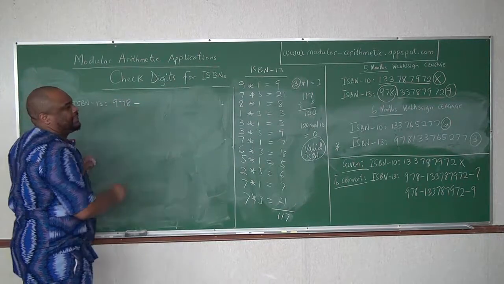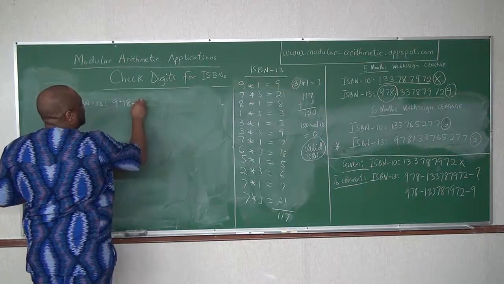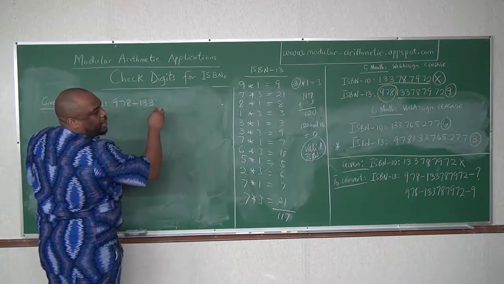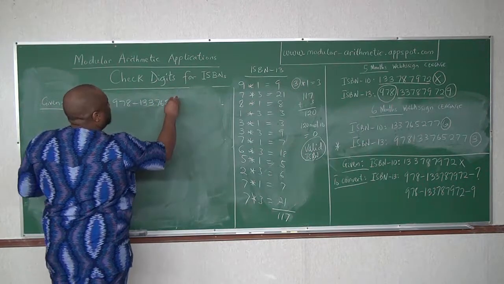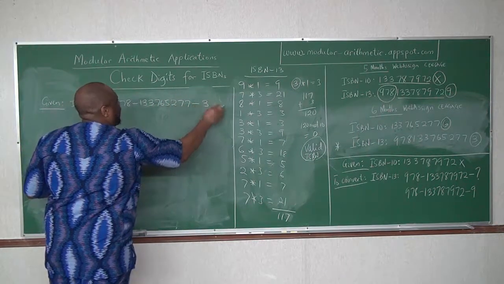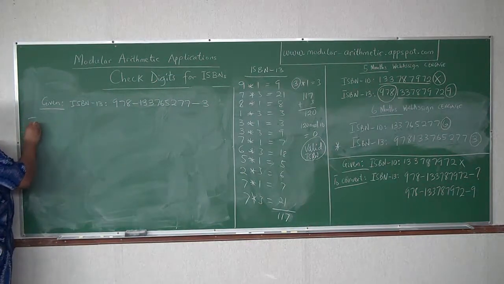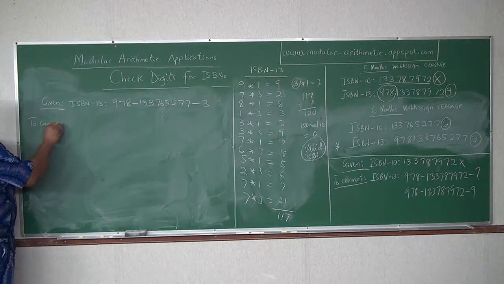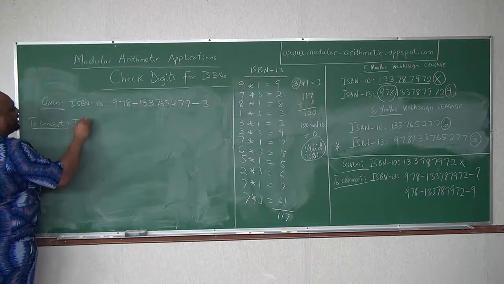I'm going to just put this hyphen to show you that is what I'm going to remove. 978.133.765.277.3. Okay, to convert to ISBN-10.